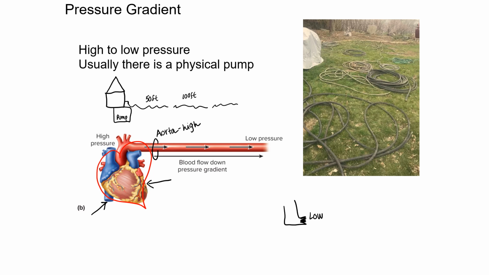If I hook up the 150-foot hose, I'm going to be waiting a long time to water my garden effectively. And this is because I am getting further and further from the pump. And the same situation is present in the human body.